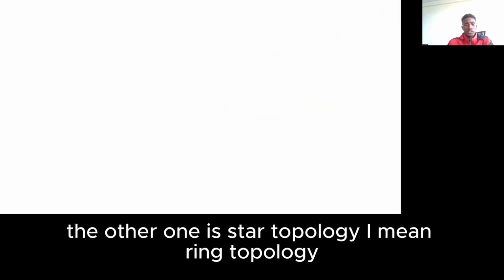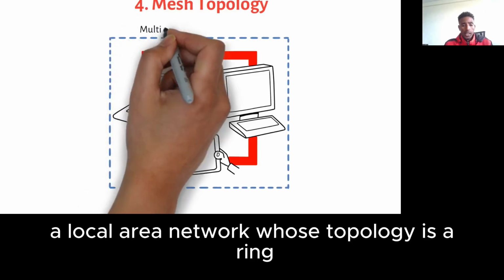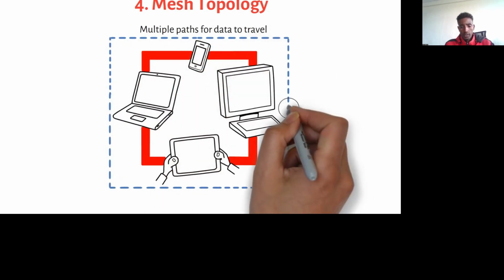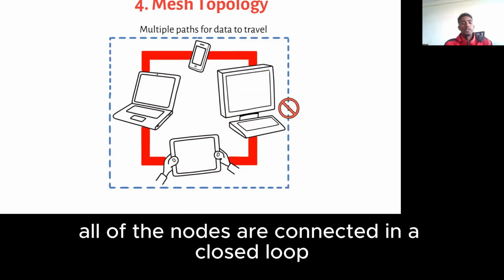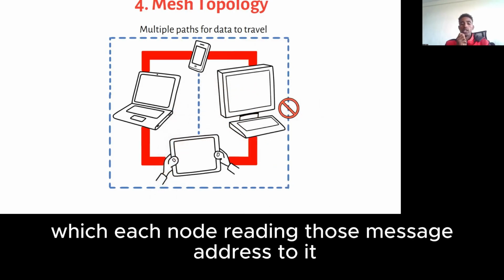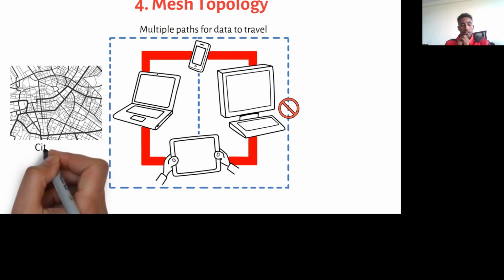The other one is ring topology. Ring is a circular arrangement. In a local area network whose topology is a ring, all of the nodes are connected in a closed loop, and a message travels around the ring, with each node reading the messages addressed to it.